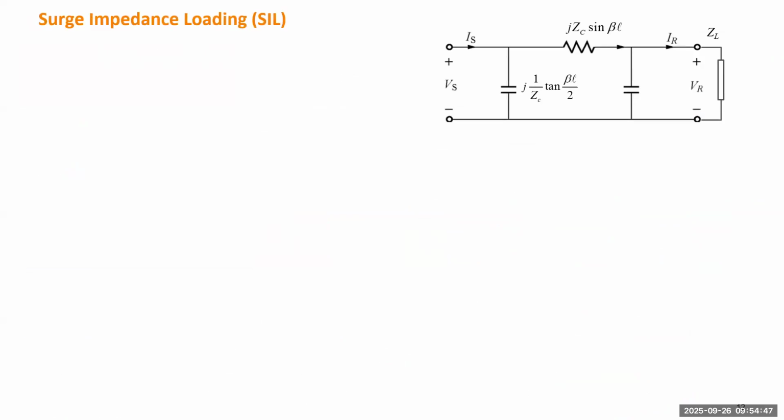Okay, so next we want to discuss some typical load which we can expect to give us a perfect operating condition. That load is called a surge impedance load, because we already defined ZC as surge impedance. Which means this load is related to that impedance.